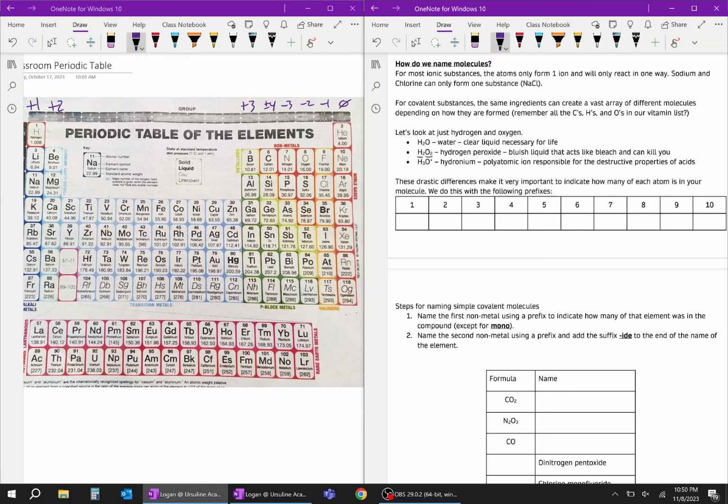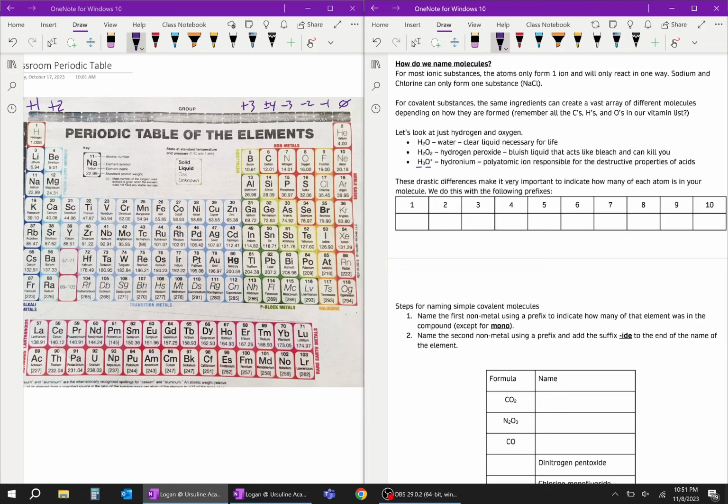Pure hydrogen peroxide is kind of a bluish liquid. If you drink it, it can explosively expand in your stomach and kill you. Straight up kill you. So, H2O keeps you alive, H2O2 kills you dead. What if I have too many hydrogens? H3O.